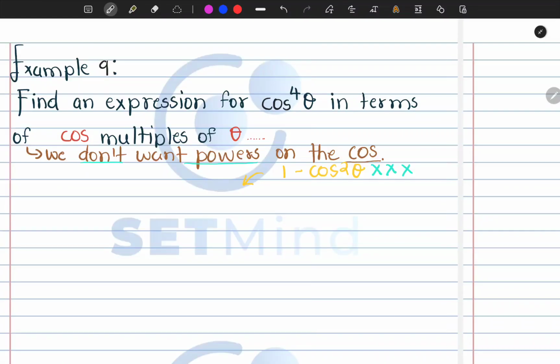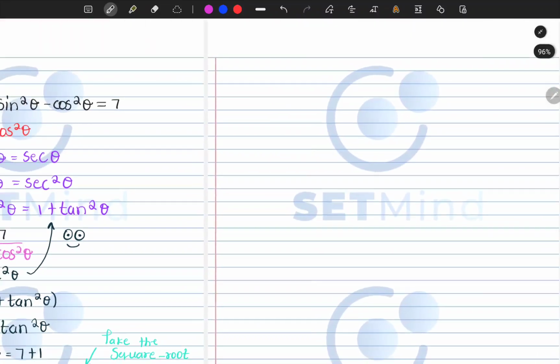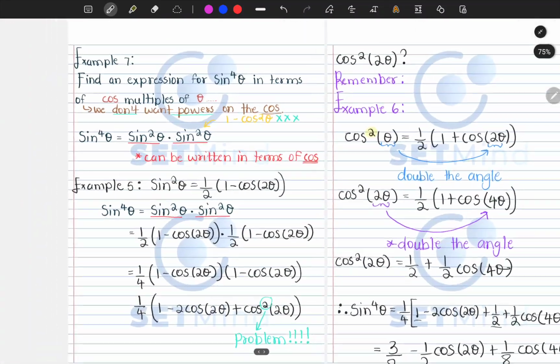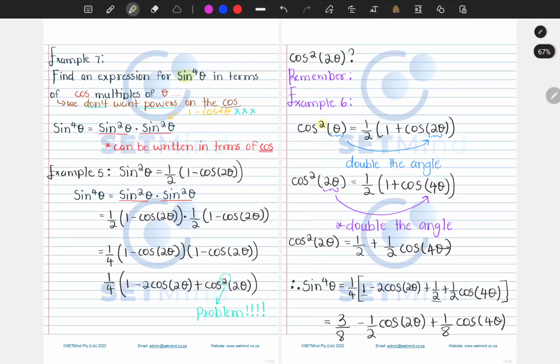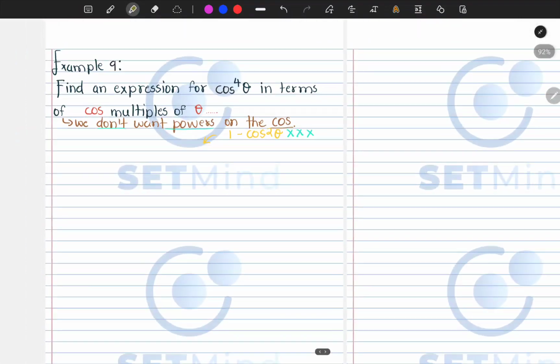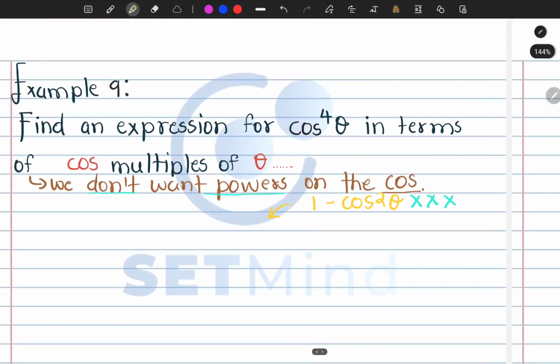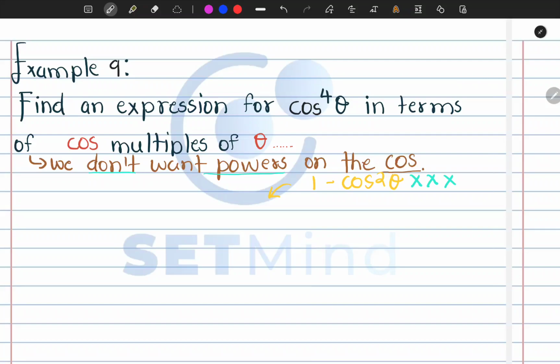Okay, let's have a look at example 9. Example 9 looks similar to an example we did, example 7. The only difference is that for example 7 we had a sine, and for example 9 we have a cos there. So we want to express cos theta all to the power 4 in terms of cos multiples of theta.